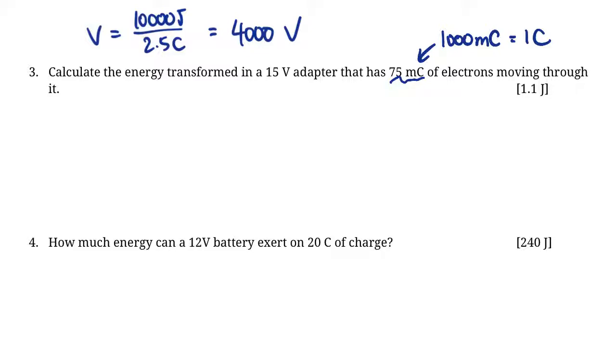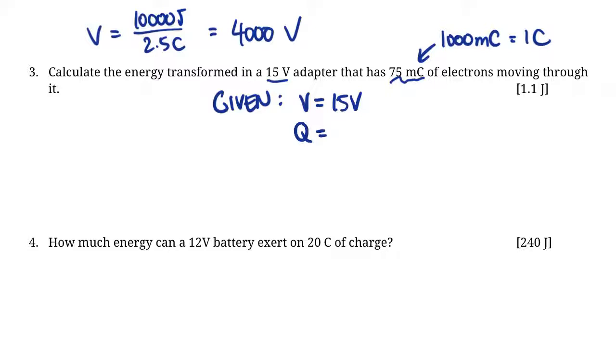I'm going to write down given again, just so we can list what we're given in the question. We're given that 15 volts is the electric potential, so our voltage is just 15 volts. And the 75 millicoulombs is charge, or Q. Now let's convert that to coulombs.